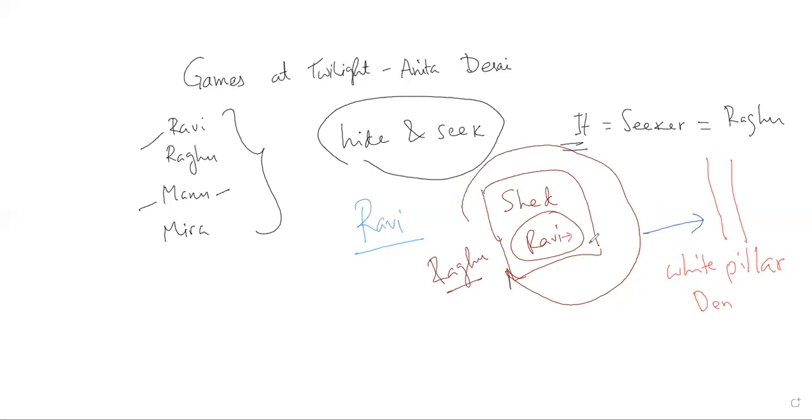But Ravi has forgotten that he needs to touch this den to be the winner. At one stage, he remembers that he has one thing left to be the winner, and he comes out of hiding.